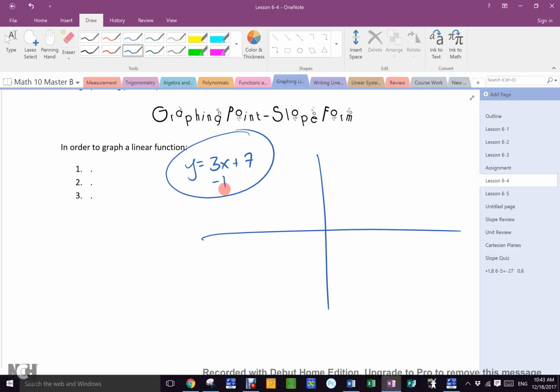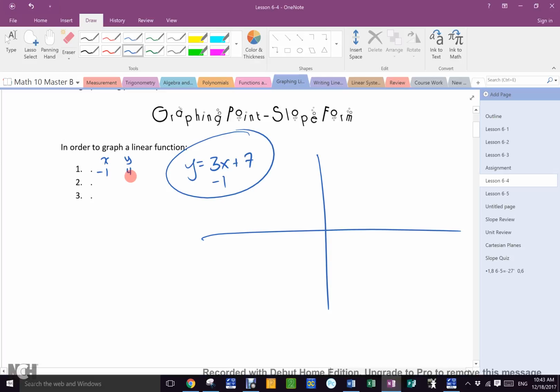What is it? Which is? 4. Excellent. So we have an x of -1, and a y of 4.